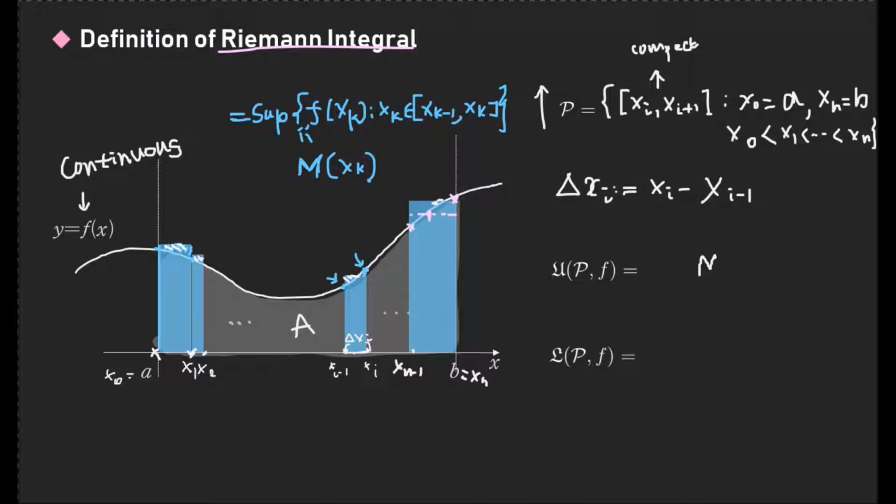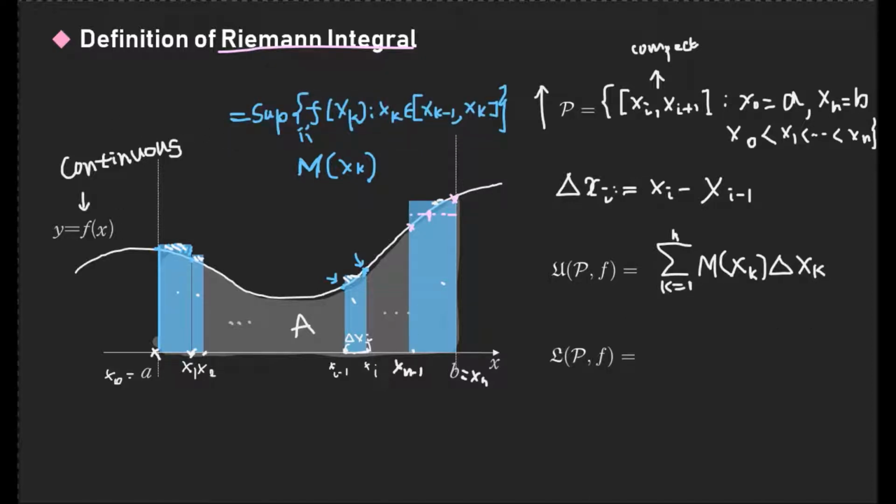So in the arbitrary case, take the supremum over this interval as the height of the rectangle, and the length is already defined as delta x_k. This is repeated in each rectangle, where k is 1 to n. This is the upper sum of the rectangles. And in a similar way, we can define the lower sum.